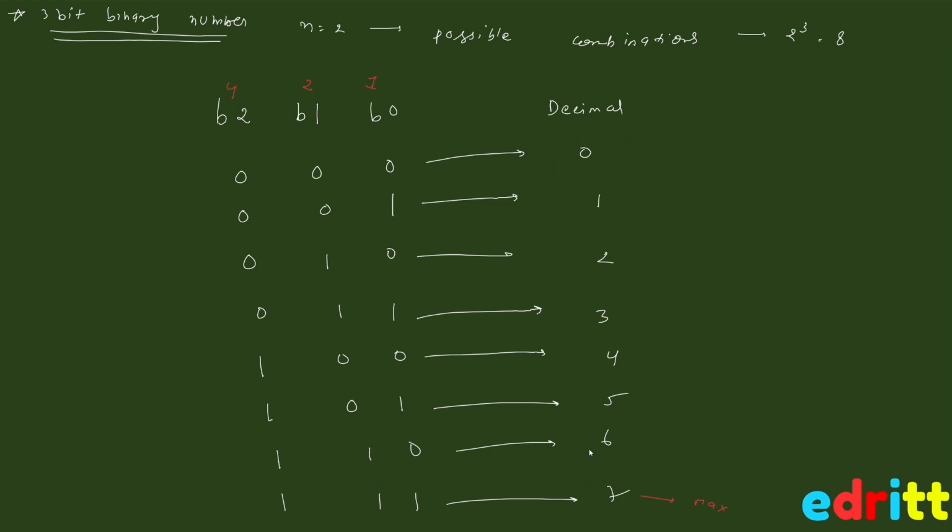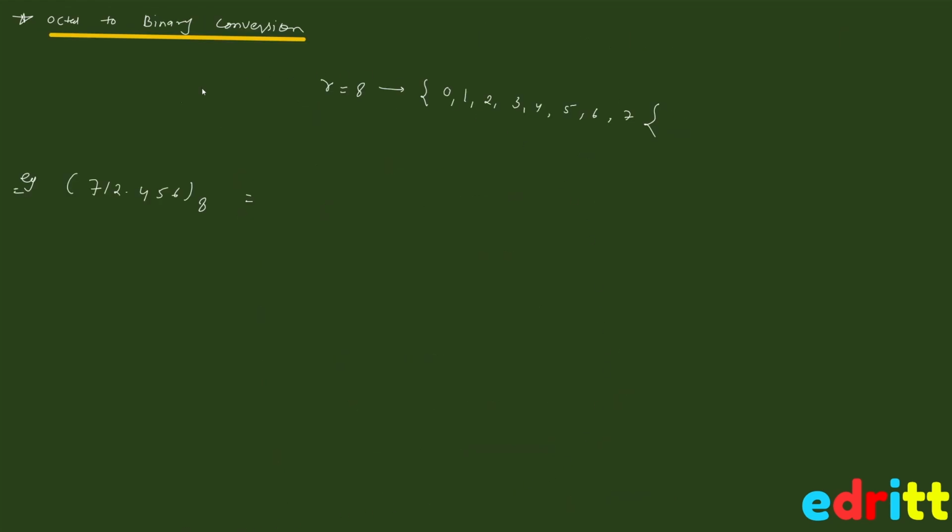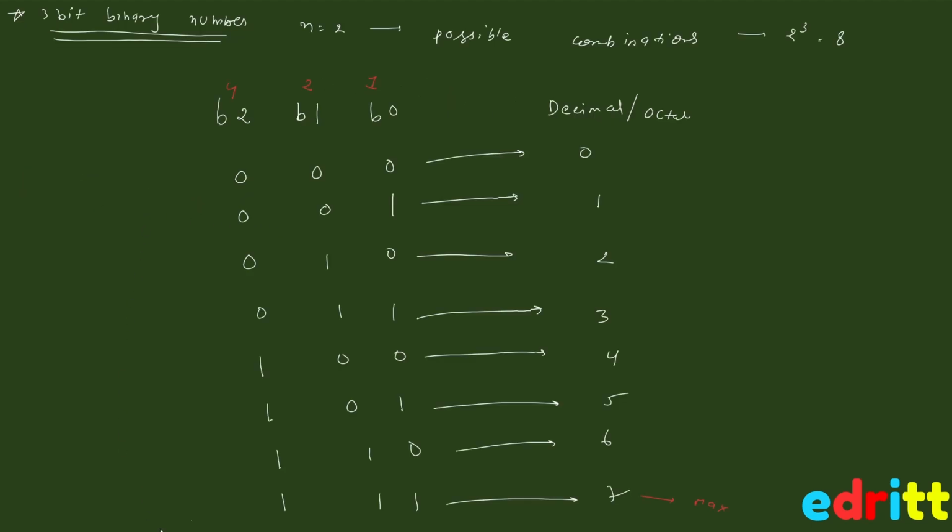Now see, this decimal column goes up to 7 only, so I can say that it also represents the octal digits, right? So if I want to convert this octal number into the equivalent binary number, for each digit I have to write its binary equivalent from this table. So this 7 has binary equivalent of 111.